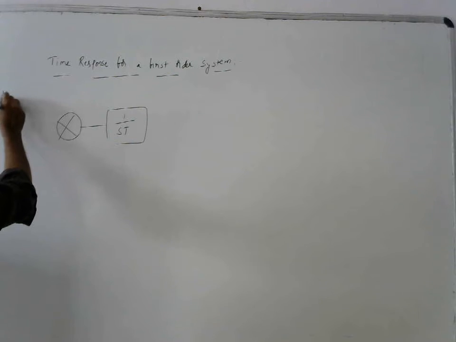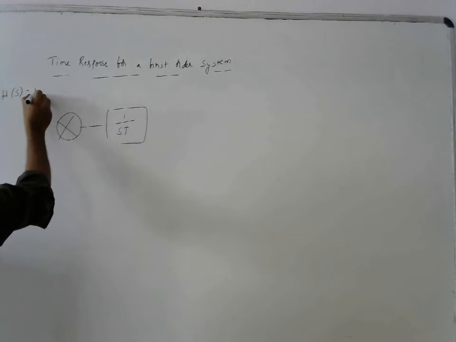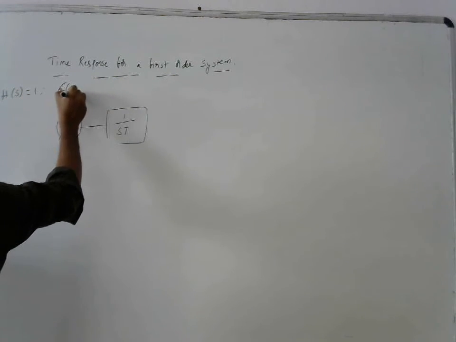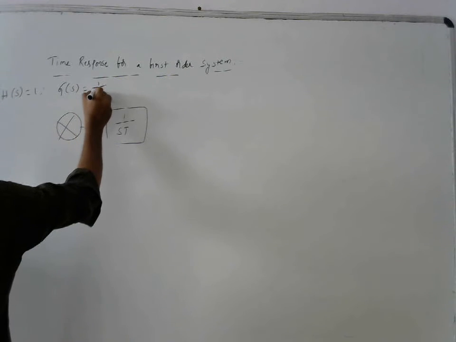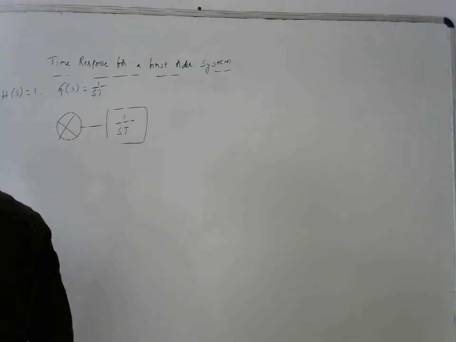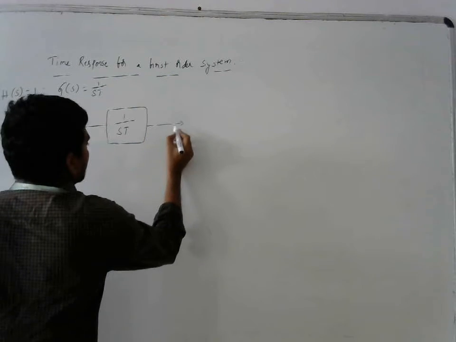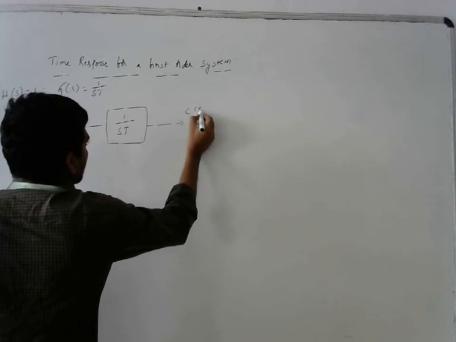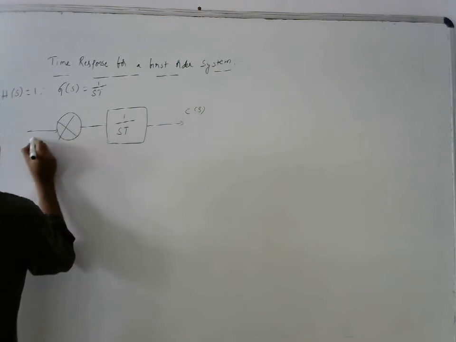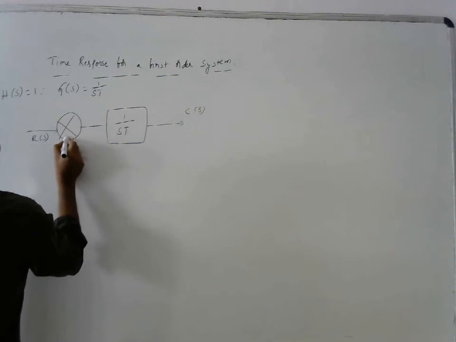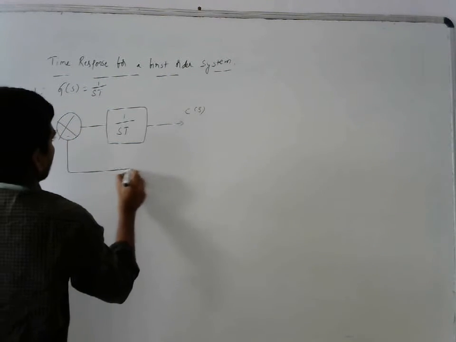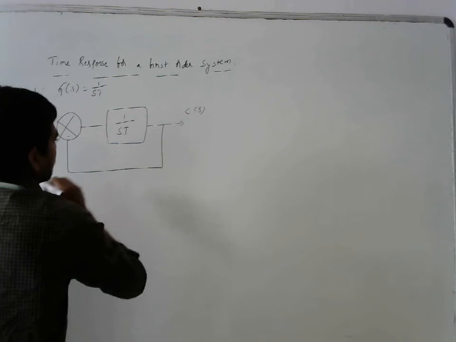Unity feedback means H of s is equal to 1, and G of s is equal to 1 divided by sT. For example, if I take it like this, here we have C of s and this is my R of s value. I am going to consider a negative feedback system.